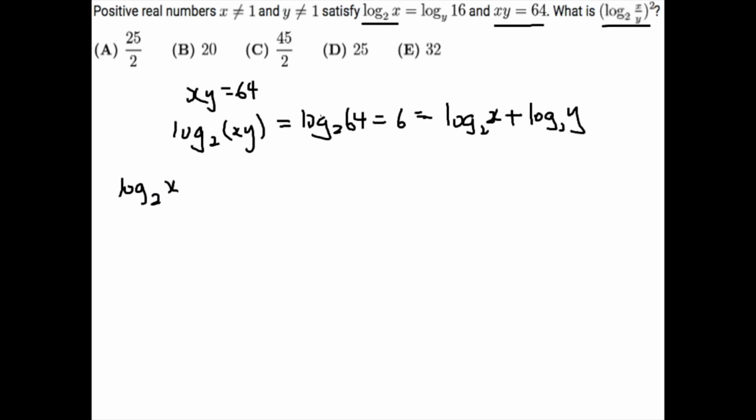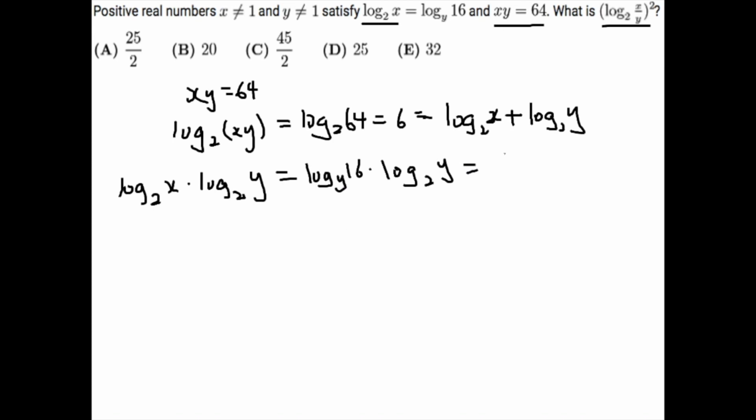So what we want to do here is multiply this by log base 2 of y and multiply the other side by log base 2 of y as well. And this works out because 16 is a power of 2, and you can basically just use change of base on log base y of 16.